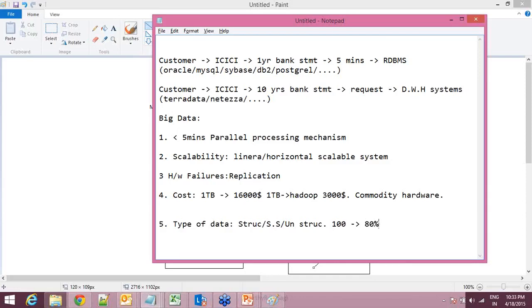Why? Because this unstructured data plays a very important role in real time. And such huge volumes of unstructured data are generated because the sources which generate unstructured data are more compared to the sources which generate structured data.